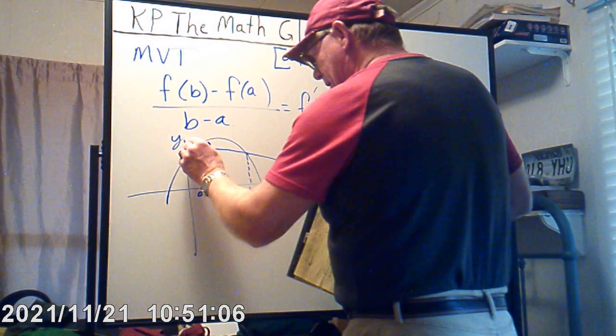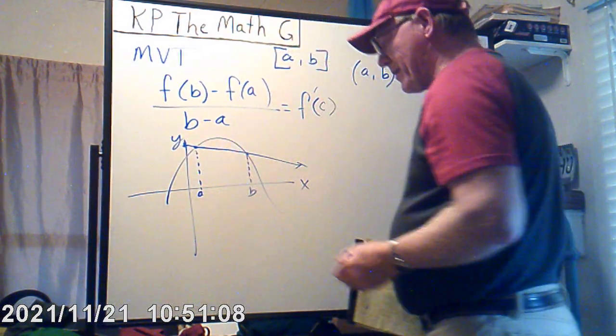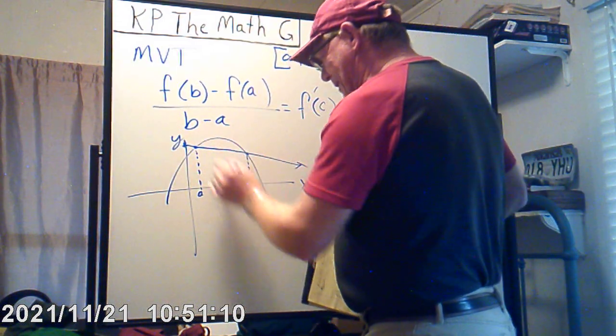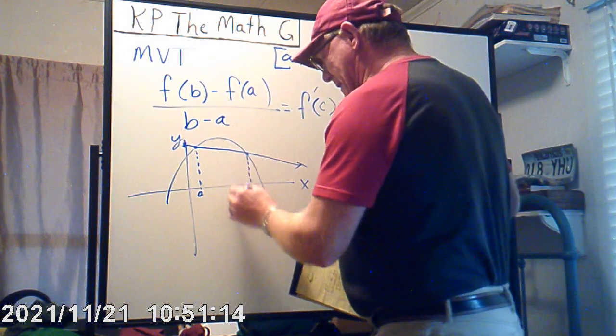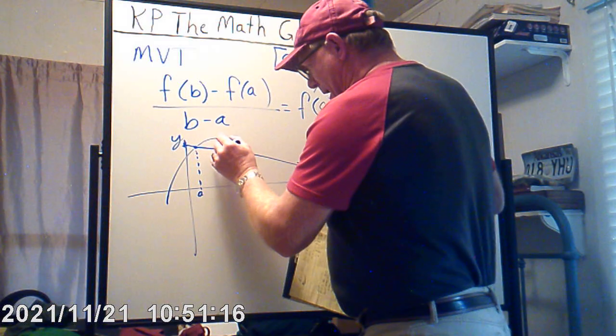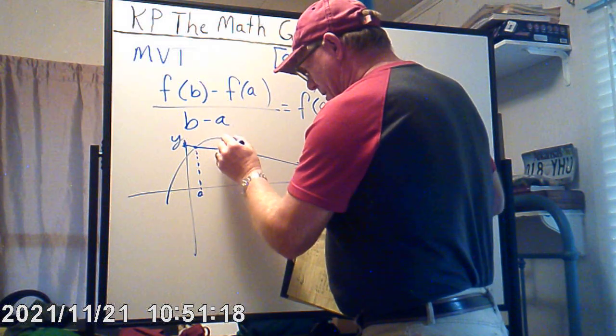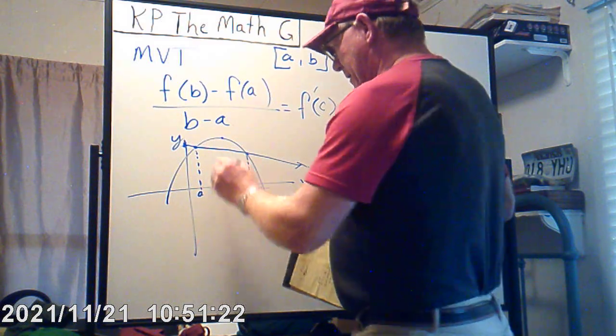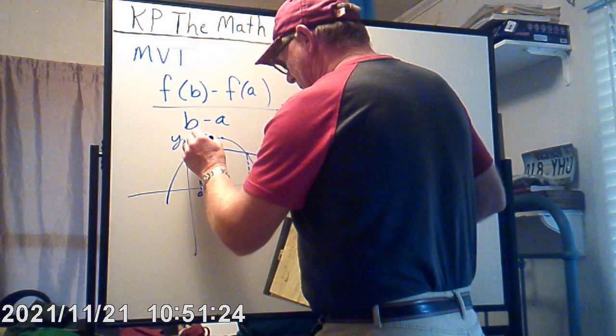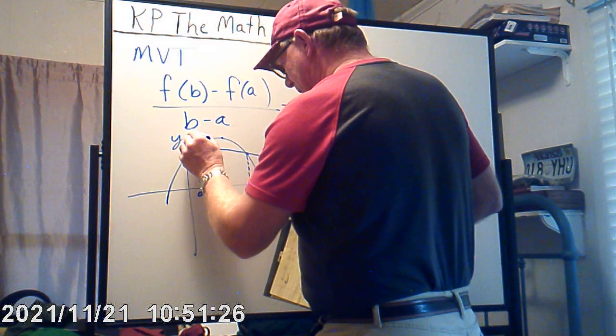Okay, then according to the mean value theorem, there is a C somewhere between A and B. There exists a C so that the slope of the tangent line is equal to the slope of the secant line.